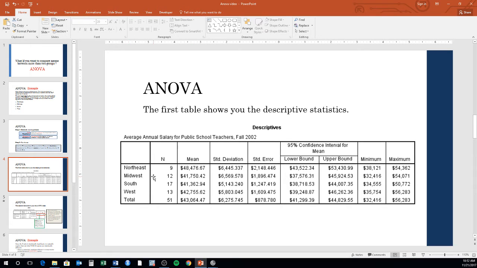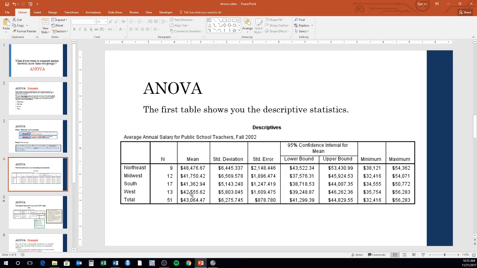The Midwest is composed of 12 states, and the average teacher salary is $41,000. Same for the South, which consists of 17 states, and the West, which is composed of 13 states. The average teacher salary is $42,000.